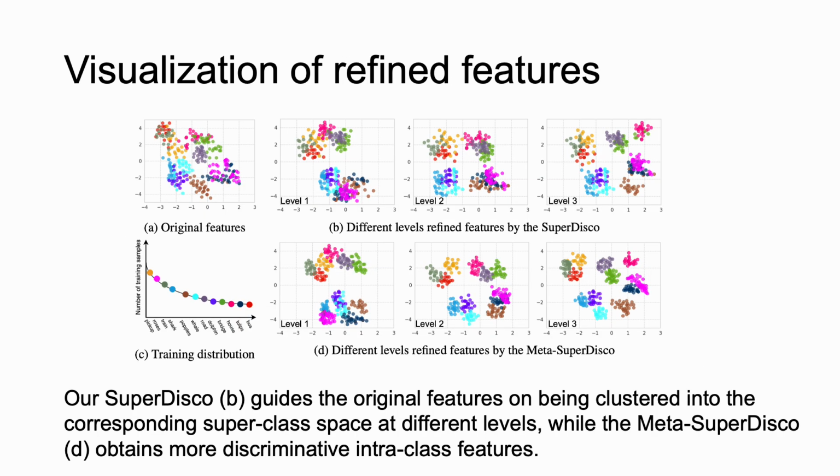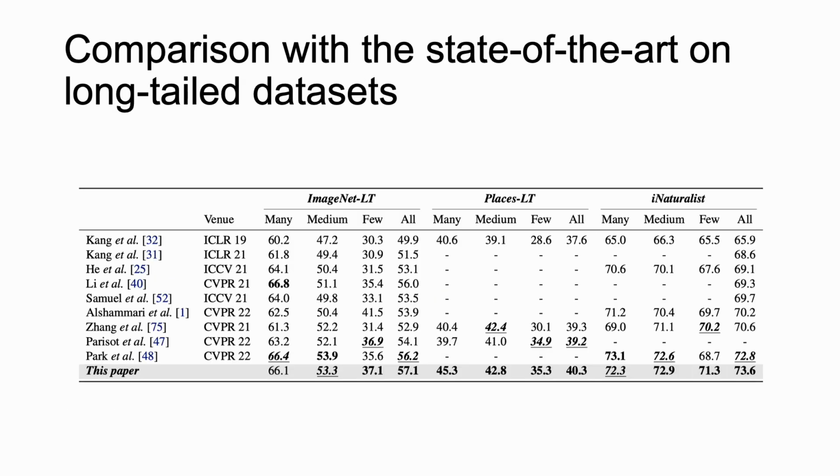We also show the visualization of refined features, and our SuperDisco guided the original features to be clustered into the corresponding superclass space at different levels, while Meta SuperDisco obtains more discriminative intra-class features. And here is the comparison with the state of the art on the long tail dataset, and our Meta SuperDisco also achieves state of the art performance compared to the previous methods.